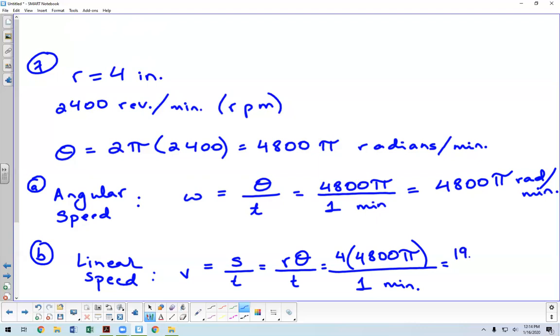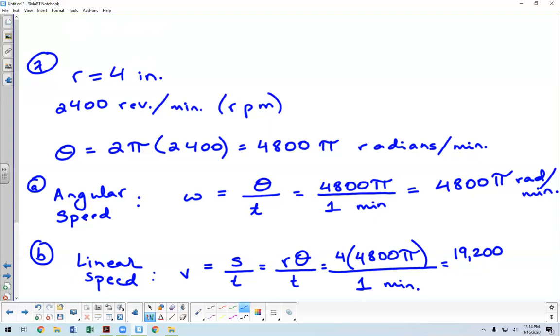Wait, it's not that. Sorry, I did multiply by... So it's actually 60,318.5. Oh, I did the same thing, didn't I? I just did 4 times 4800 and left the pi out.